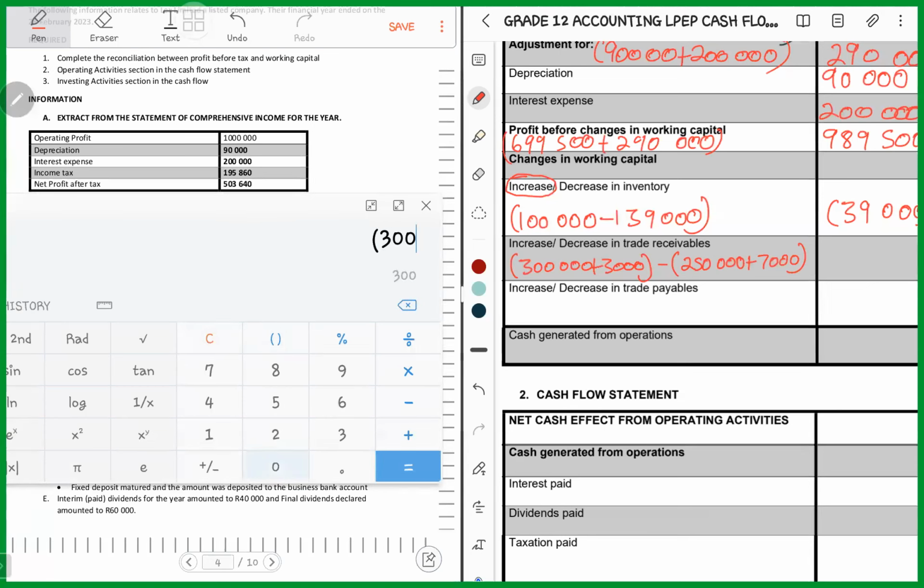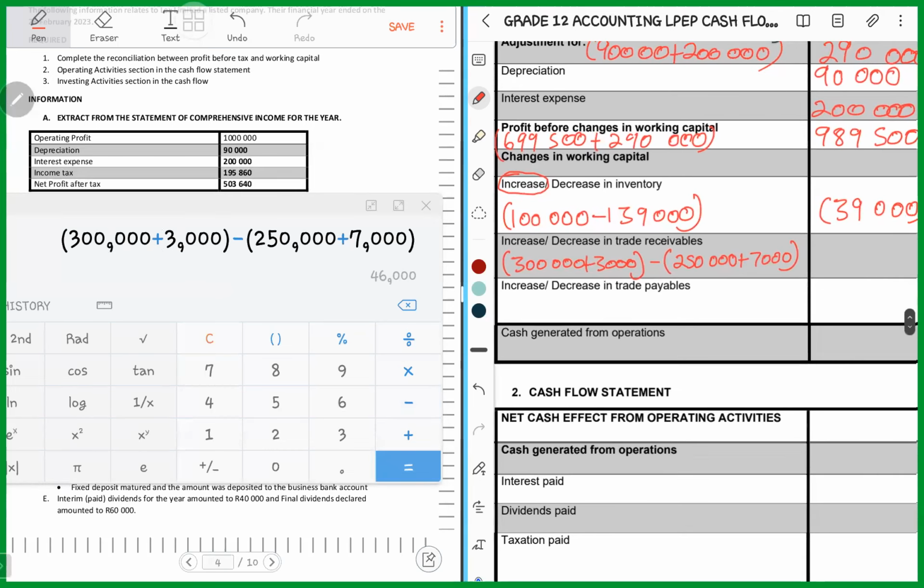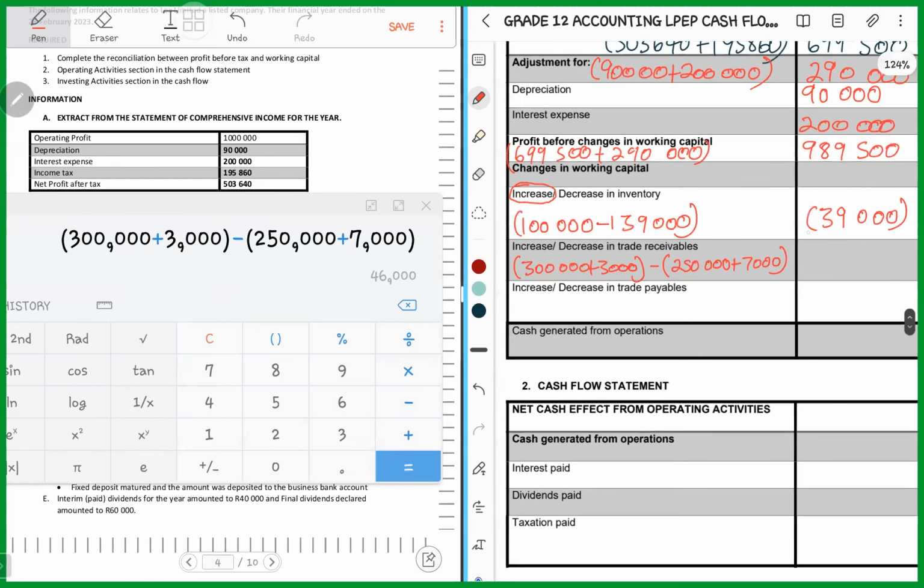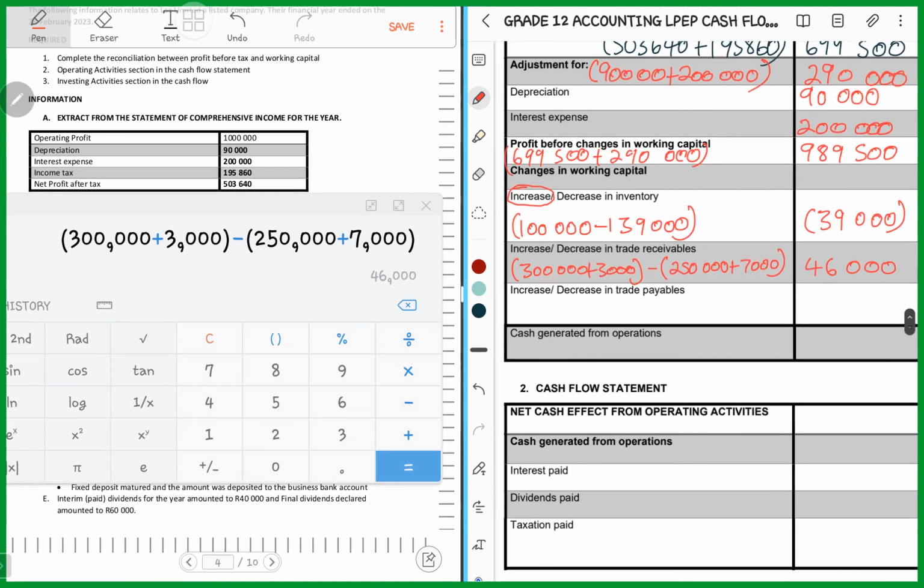So it's 300,000 plus 3,000 minus 250,000 plus 7,000. Then it's an inflow of 46,000, since it's a decrease.